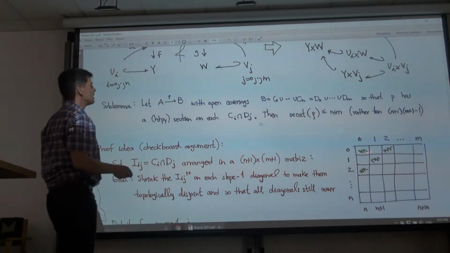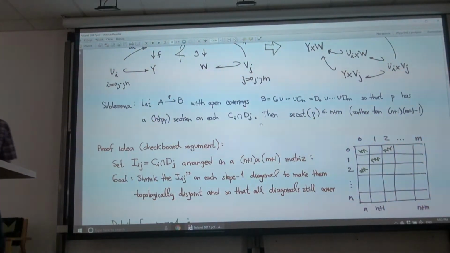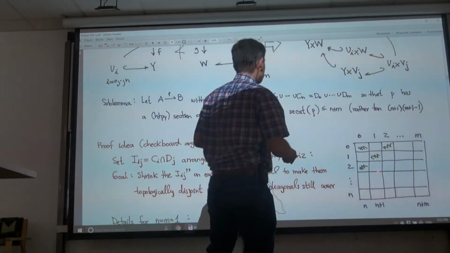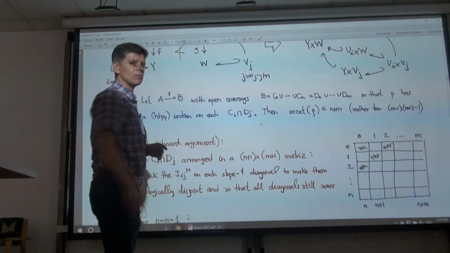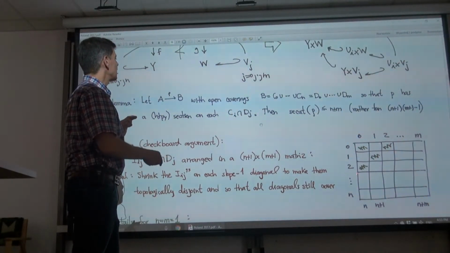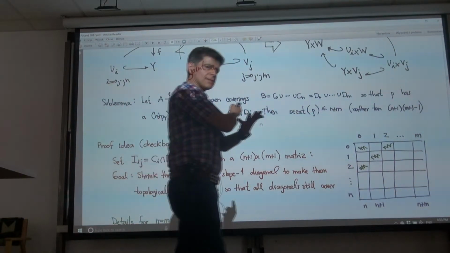Okay. Now I can think of the intersections and I get these diagrams. On each of these squares I have a local section, and of course I have too many local sections. But the idea is I want to make a trick so that each of the squares in one diagonal can be mixed.